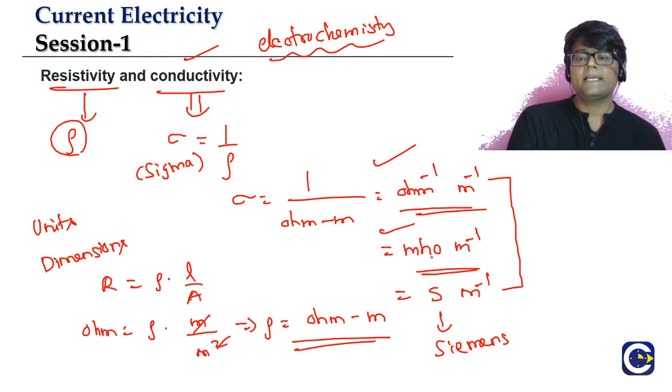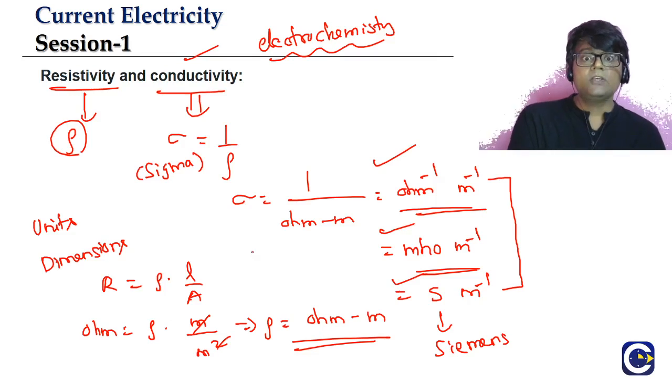The SI unit of conductivity, we can either use ohm inverse meter inverse, or we can call it mho meter inverse, or we can also call it Siemens meter inverse. So these are the three representations we can use for the SI unit of conductivity. And what is the SI unit of resistivity? Ohm into meter.